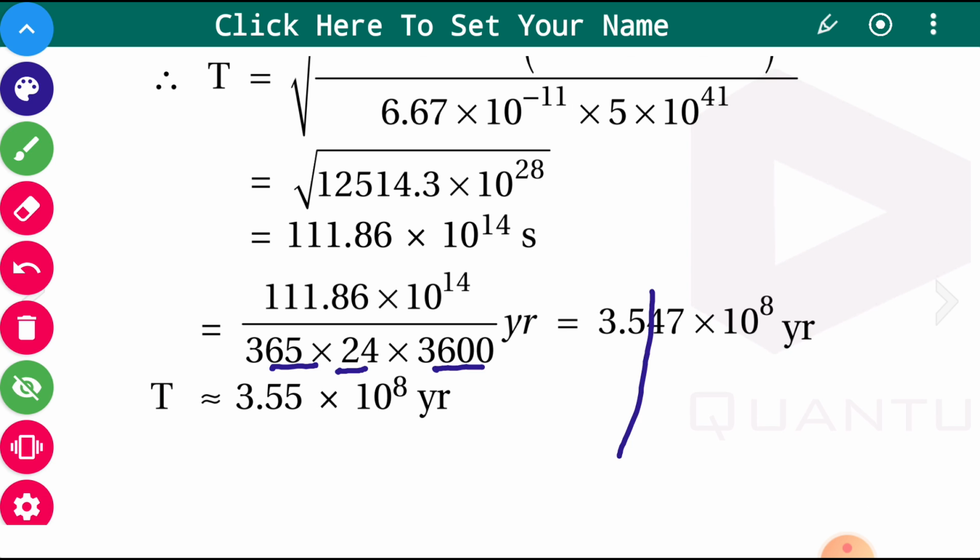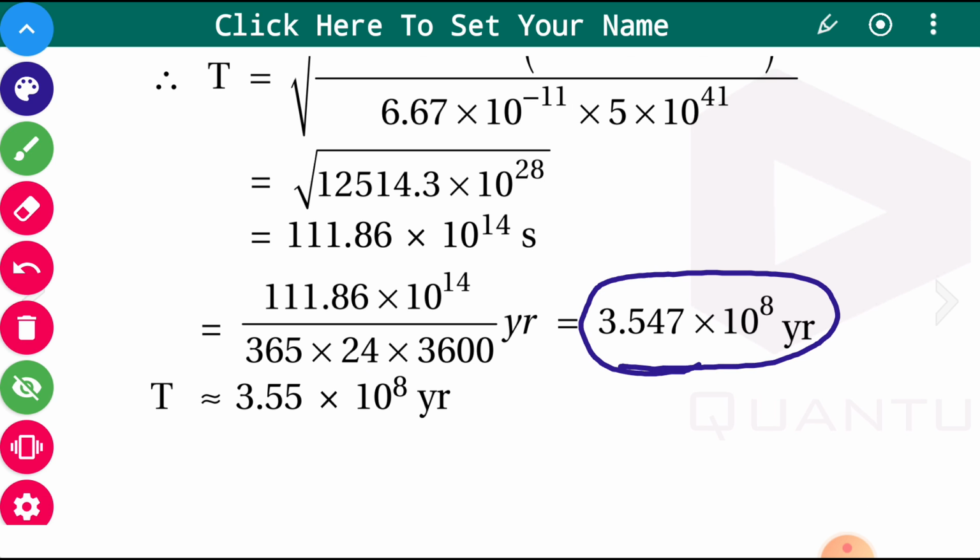So this will result in 3.547 into 10 raised to 8 years. Okay, about 3.55 into 10 raised to 8 years.